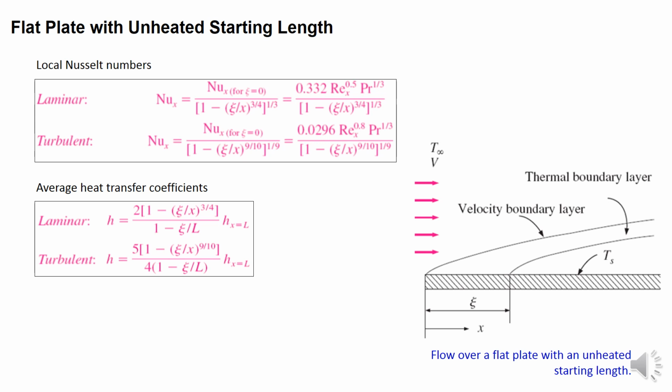Ts differs from T infinity, and at the delta or tau distance there is no temperature variation. So we have two boundary layers, the velocity boundary layer and the thermal boundary layer. For these cases, we should use these two equations for the local Nusselt number for laminar and turbulent flow, and the average heat transfer coefficient for laminar and also turbulent.